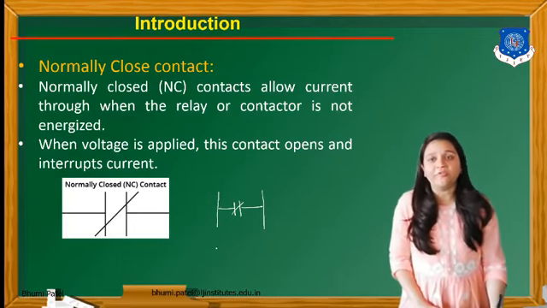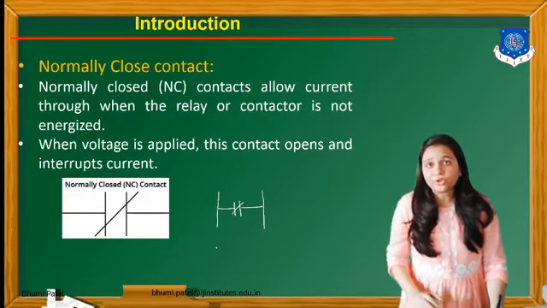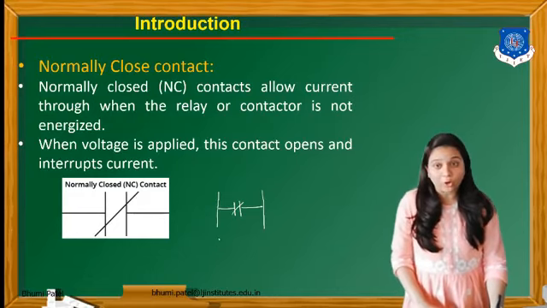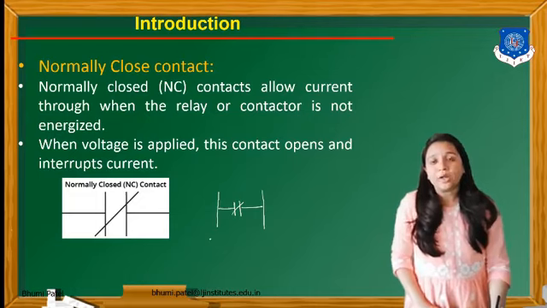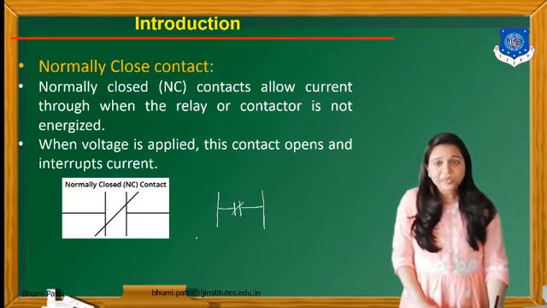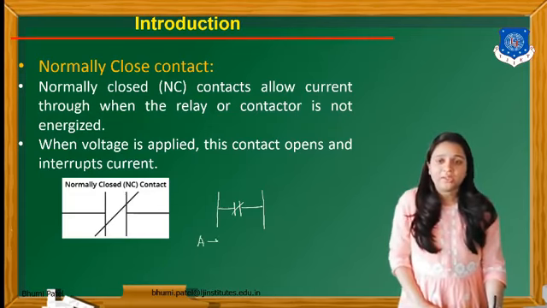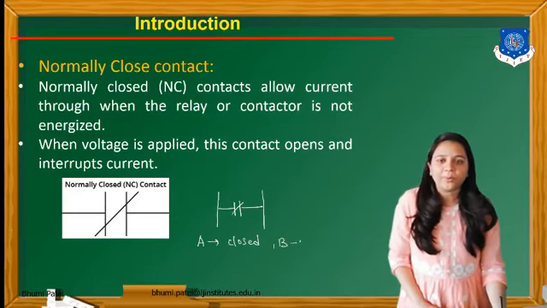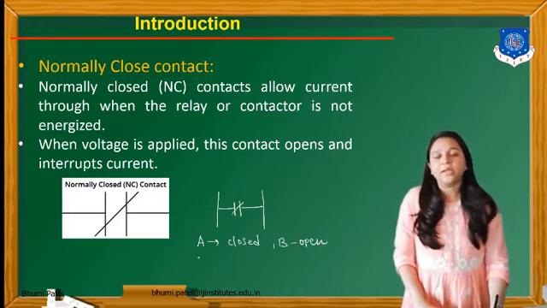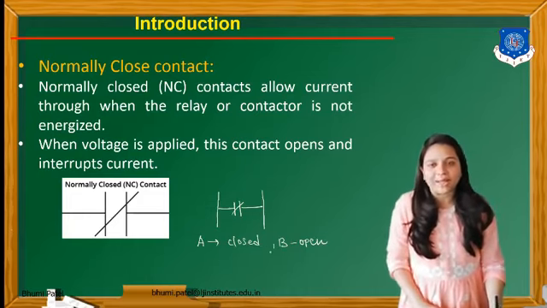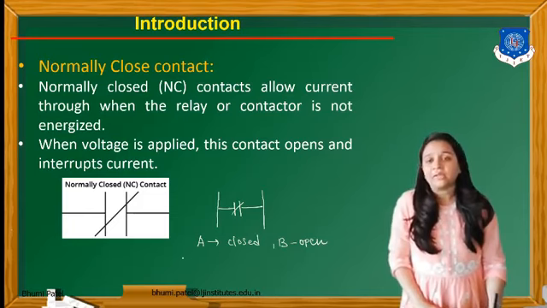Now, how can we define whether it is a normally closed or normally open contact? In an example or any system, if they say that input A is closed during the system and input B is open during the system, and whenever we connect the input signal to this plant or system, we can get the output.